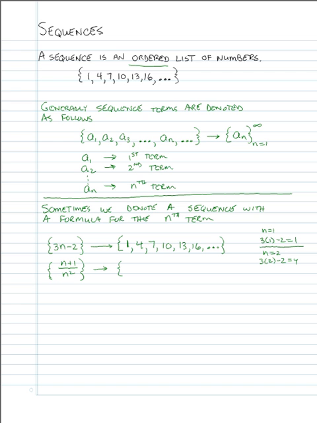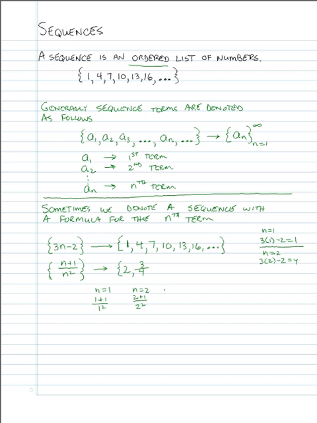So when n is equal to 1, we use our formula, 1 plus 1 over 1 squared, and of course that's 2 over 1, or just 2. So our first entry is a 2. And then for our second entry, we'd let n be equal to 2. So we get 2 plus 1 over 2 squared, and of course that's simply going to be 3/4.